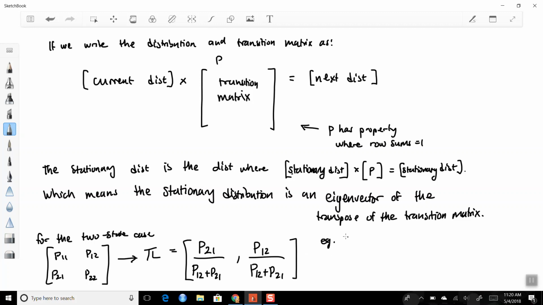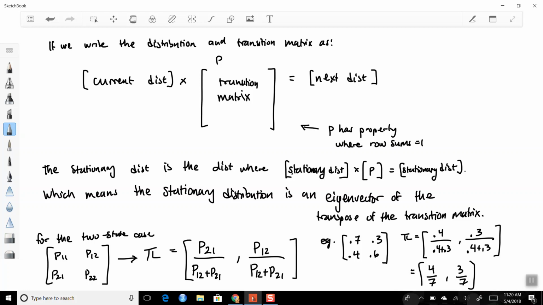So for example, we were looking at the case where we had 0.7, 0.3, 0.4, and 0.6 on Wednesday. Our stationary distribution will be 0.4 over 0.4 plus 0.3, comma 0.3 over 0.4 plus 0.3, which ended up being 4/7 and 3/7. Okay, and that's how it works for the two-state case.